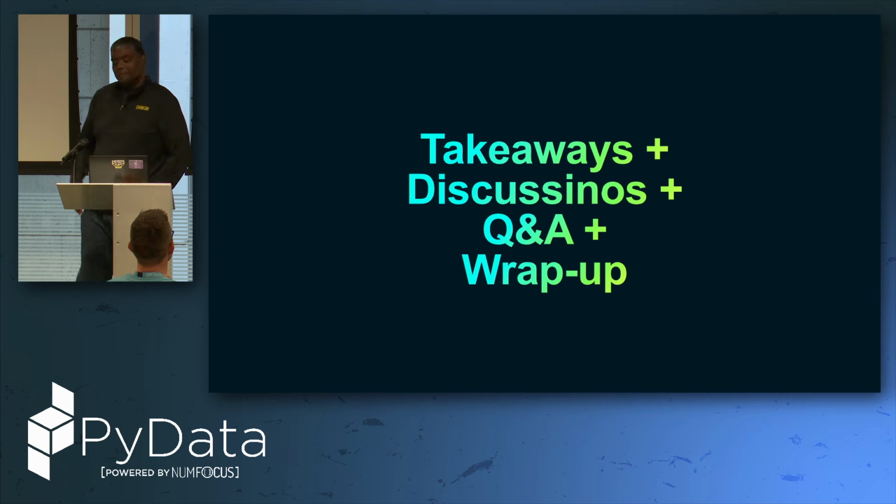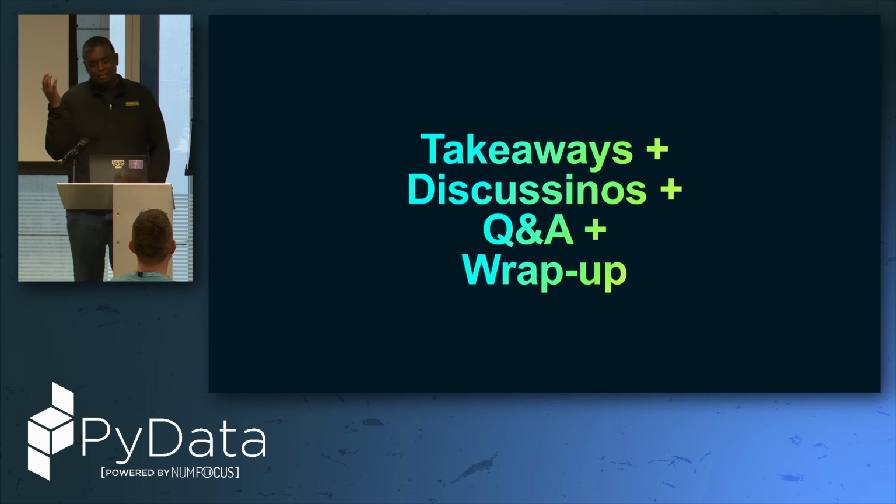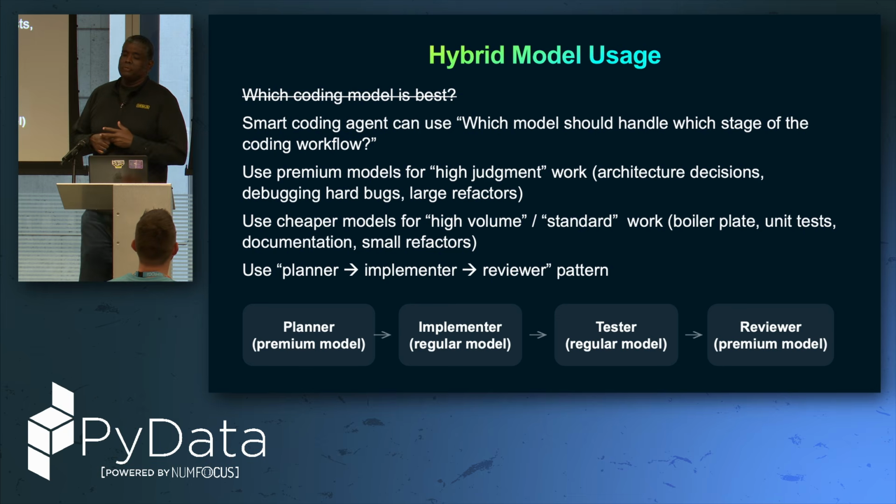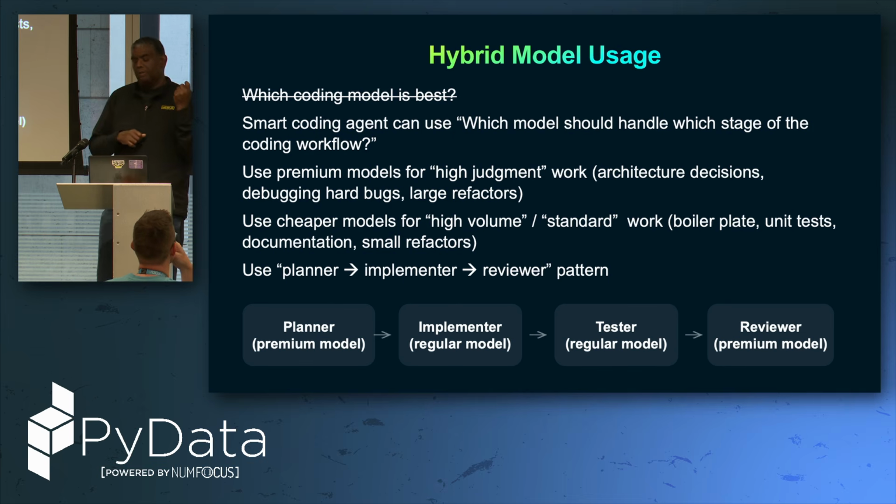Cool deal. So now you've seen this end-to-end: how do you do this? I want to do a little bit of discussion and Q&A as well, and I want to hear from you. One thing I always say is, it's not a choice of proprietary versus open. Instead of choosing one model, think about which stage of my pipeline I can use this model in.